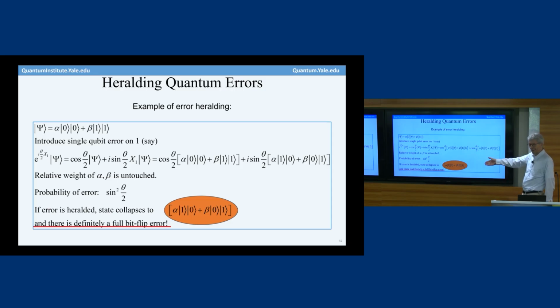There's definitely a full bit flip error because you measured and there it was. The act of measuring brings the error state into existence, so to speak. Okay? So that's fine, but I don't know which bit flipped, so I can't correct the error. I only know there was an error, just like the classical code.